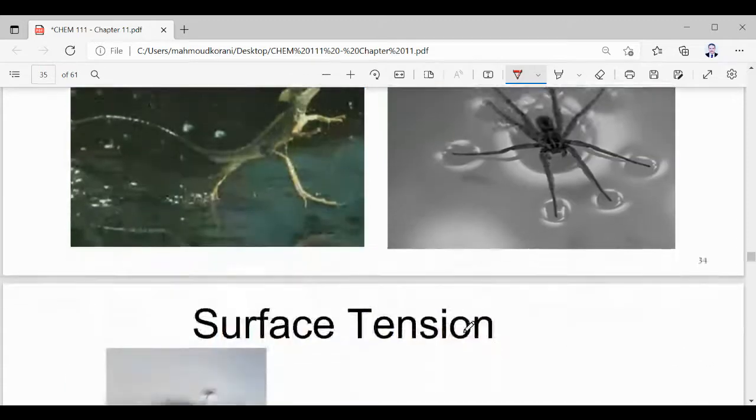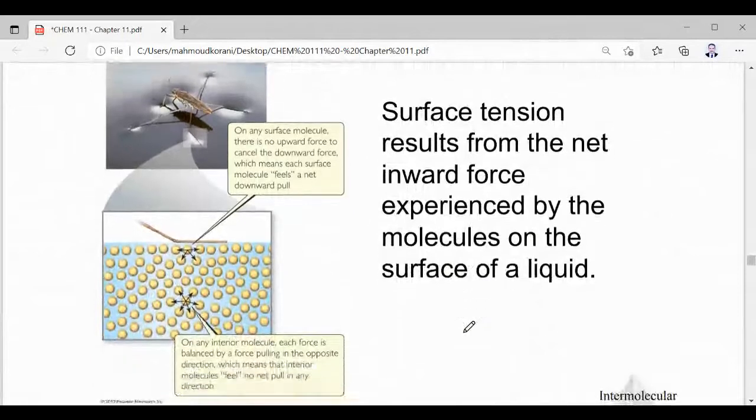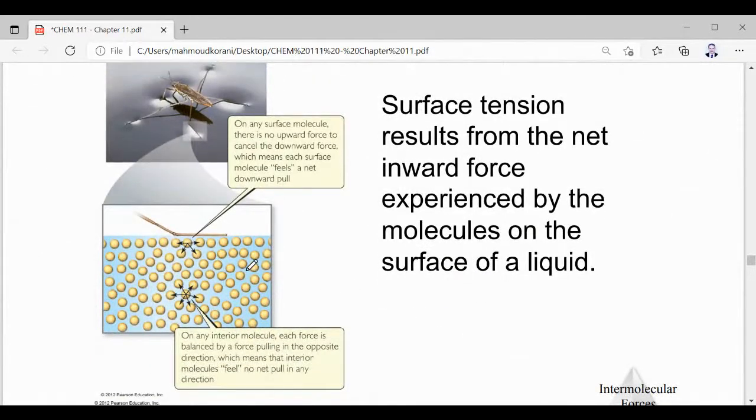Surface tension. Before defining it, look at this, which I have already discussed: a liquid in a container. We have two types of molecules: bulk molecules and surface molecules. The bulk molecule is in equilibrium.